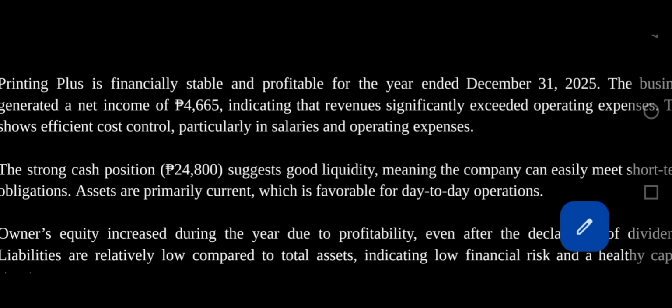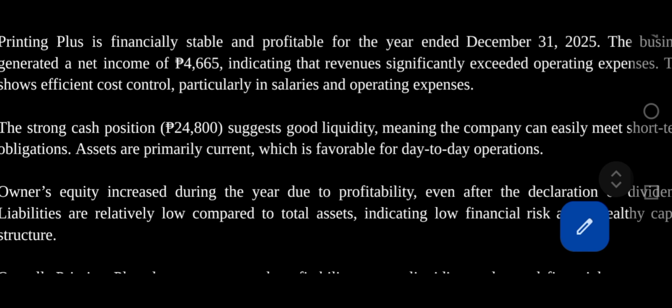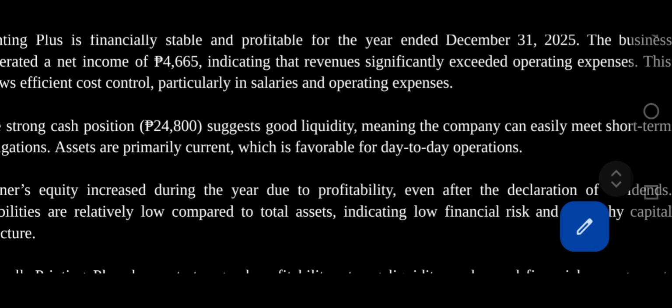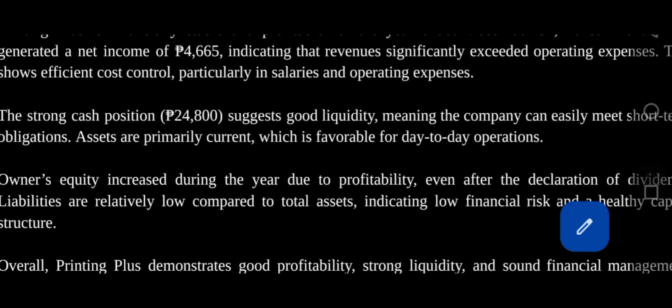It shows efficient cost control, particularly in salaries and operating expenses. The strong position, cash, which is 24,800 pesos, suggests good liquidity, meaning the company can easily meet short-term obligations.